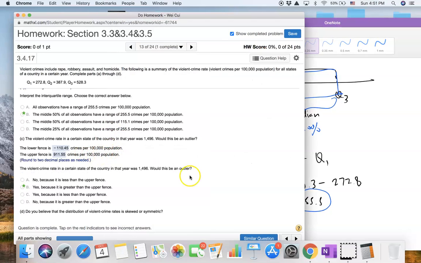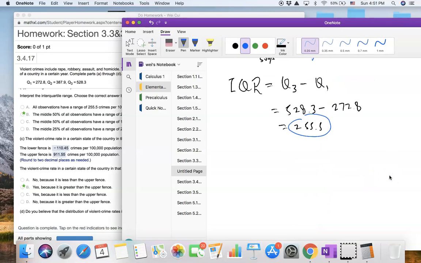The lower fence and upper fence. So for the lower fence, we said it equals the first quartile minus 1.5 times the interquartile range. So that's 272.8 minus 1.5 times the interquartile range, 255.5.